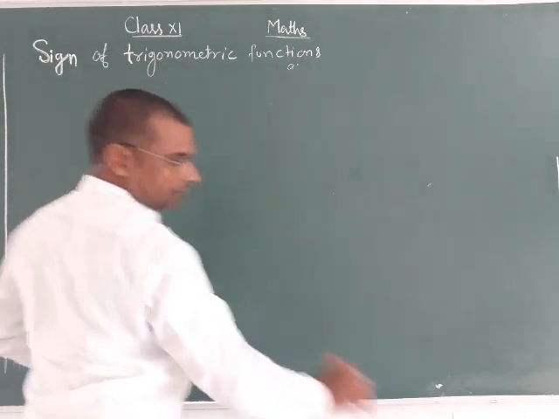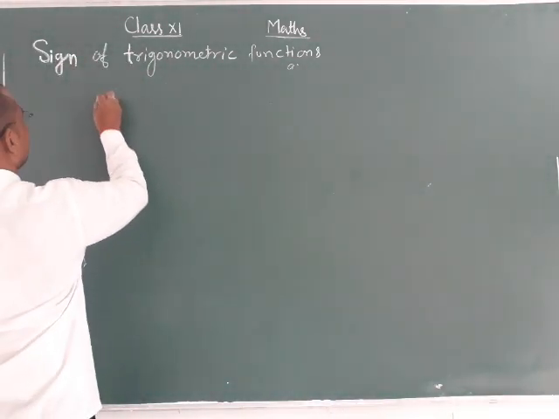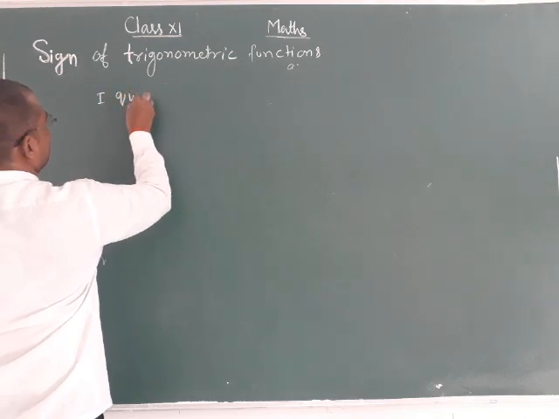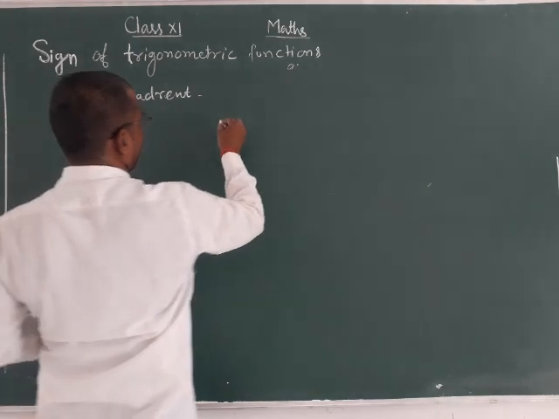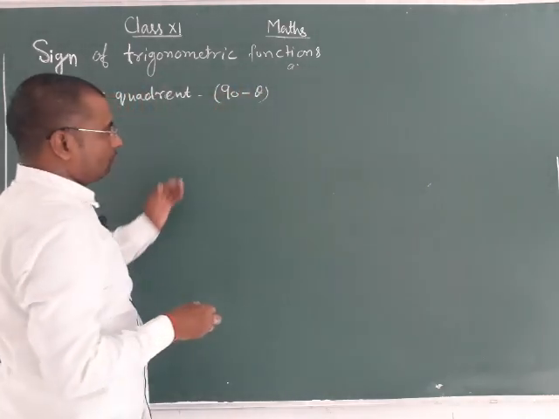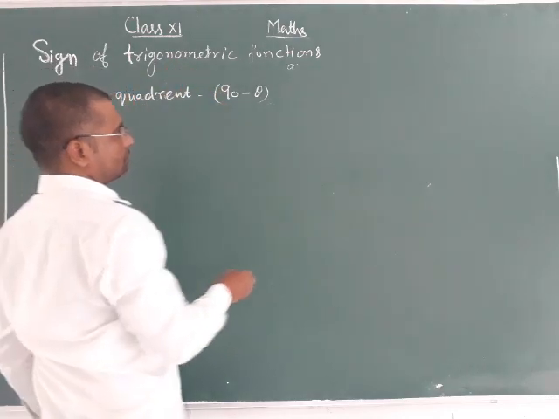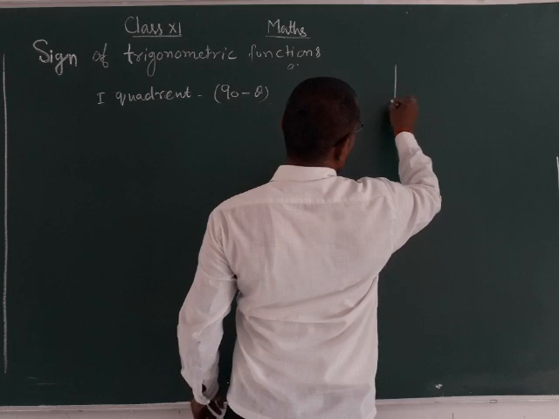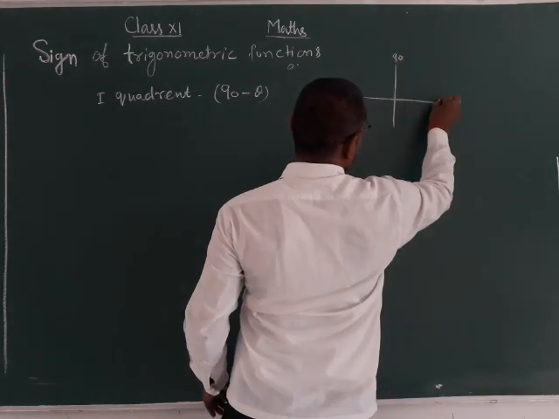So first quadrant, 90 minus theta, angle from 0 to 90.